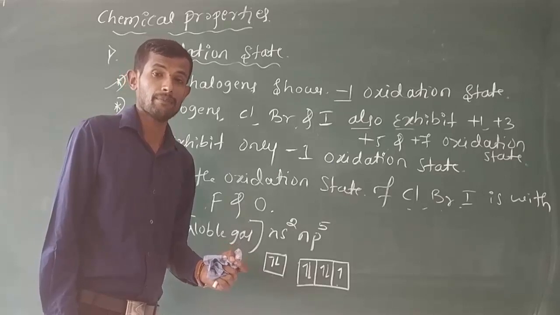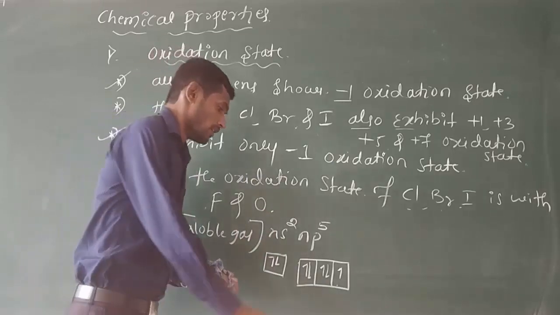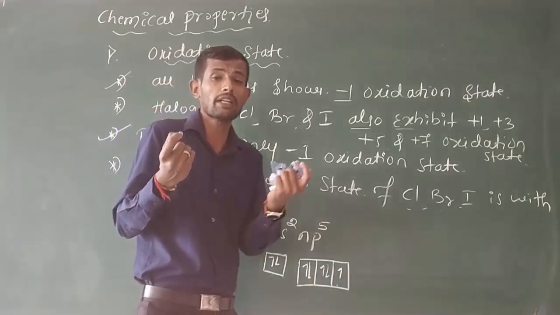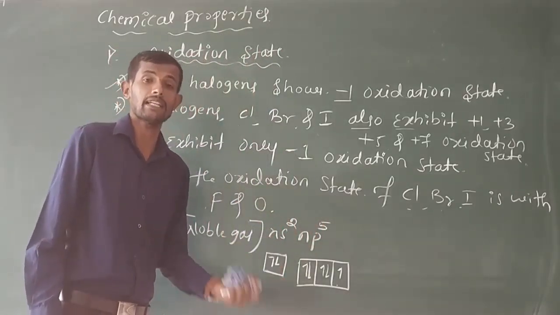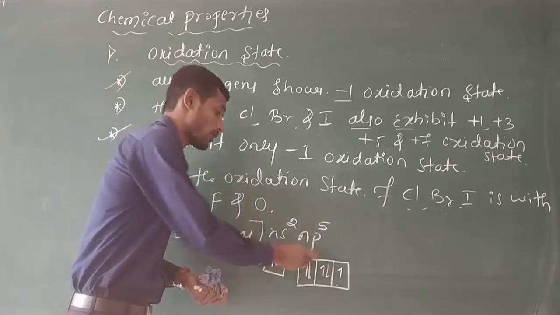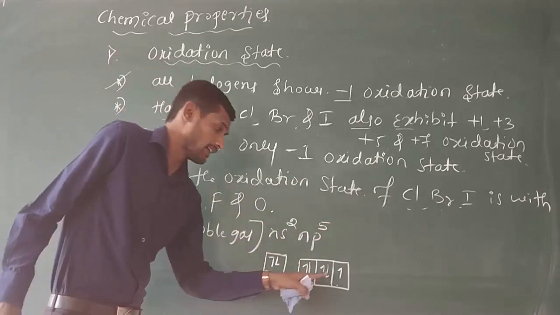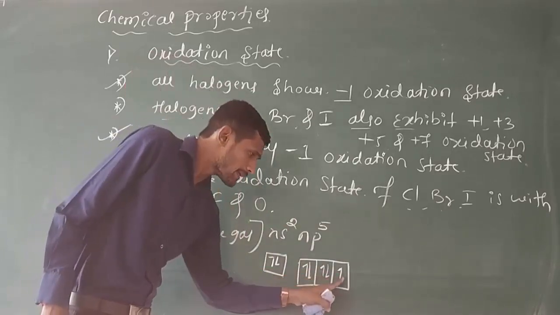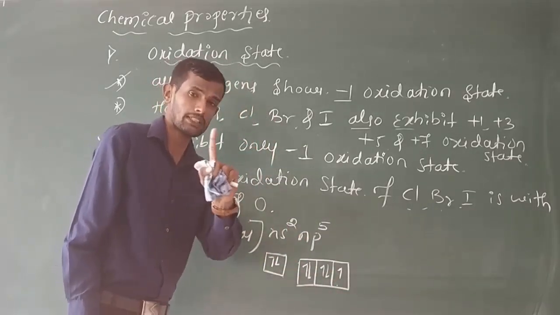Remember students, when you write the electronic configuration of fluorine, it contains one unpaired electron, and you already know it is the most electronegative element in the periodic table. And it requires only one electron to get the octet noble gas configuration. Look here, there is one unpaired electron, right? For these p orbitals to be completely filled, how many electrons are required? One electron.